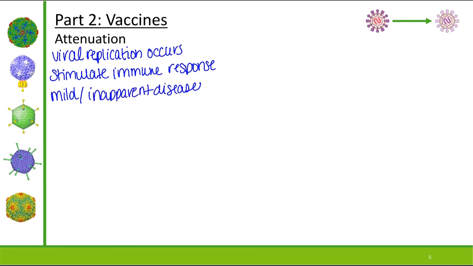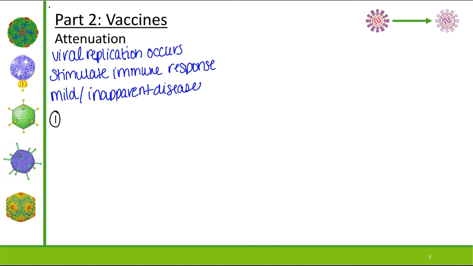The reason for that is because we still have viral replication. There's a couple of different ways that we can do viral attenuation. One of them is passage in non-human cells, and the second way is genetic engineering.